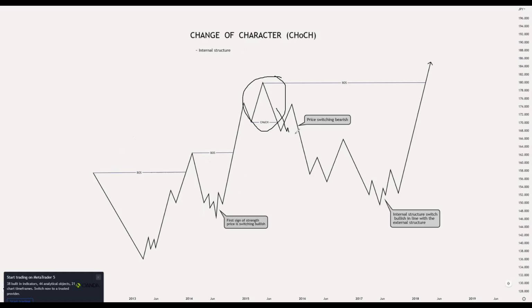The price can just come here and turn. The price can turn anywhere. But when you take this structure here, because now they both switched bullish, internal structure and external structure.